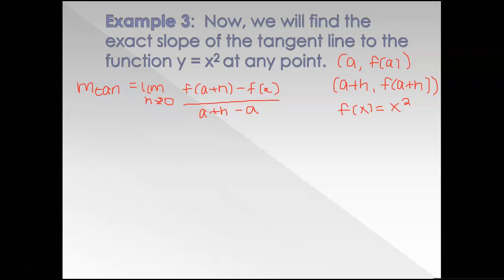So to find the slope of the tangent, we're going to find the limit as h approaches 0 of a plus h squared minus a squared all over a plus h minus a. At this point, you're just doing algebra. This is the calc. Now's the algebra.